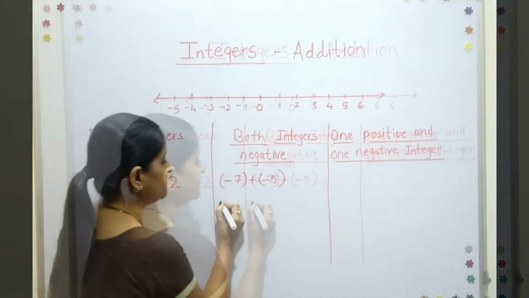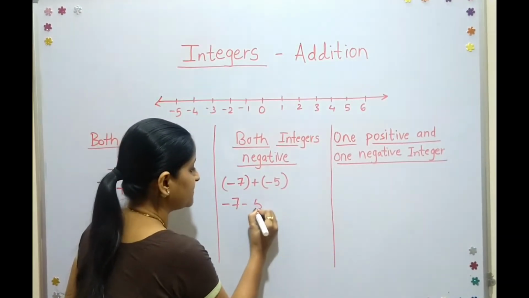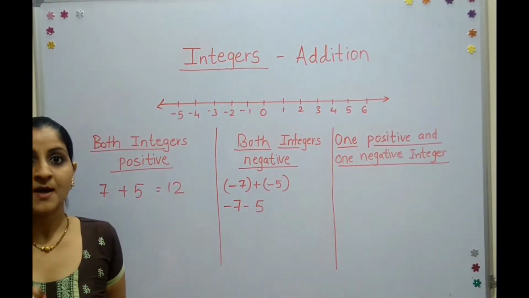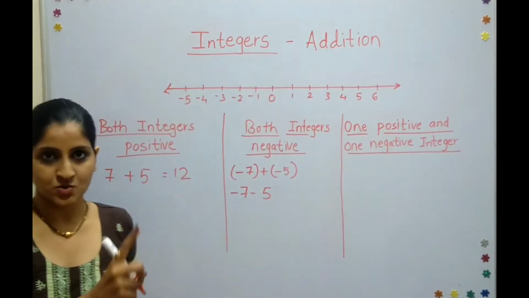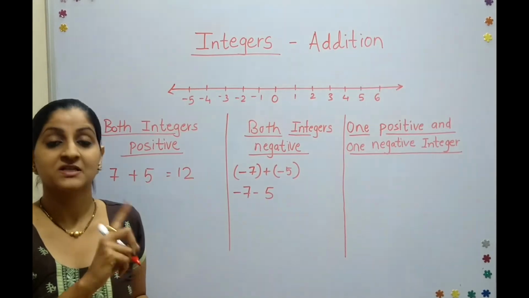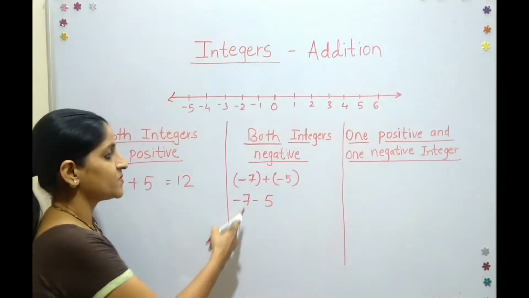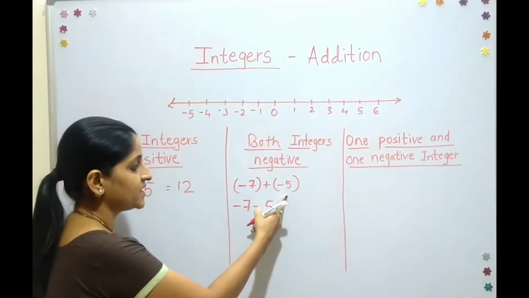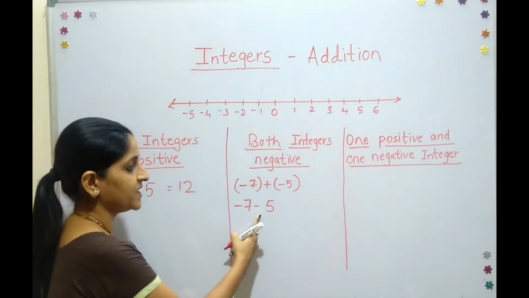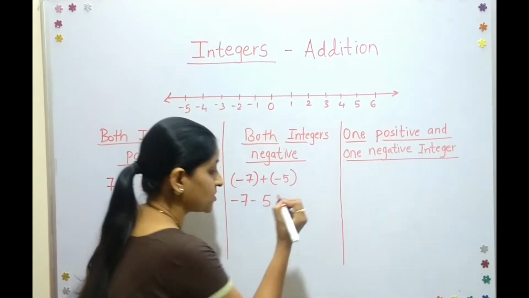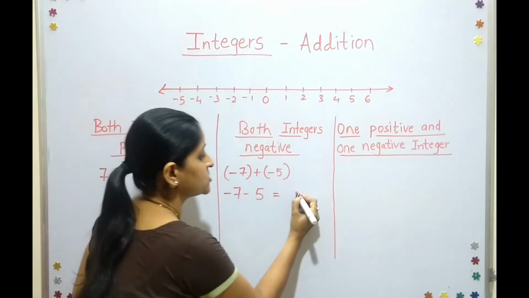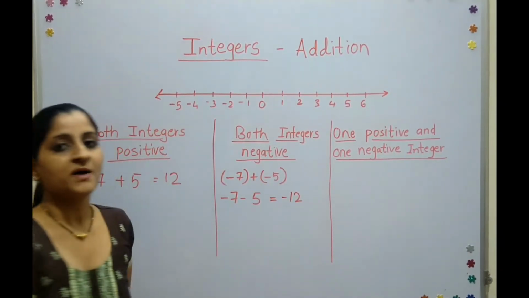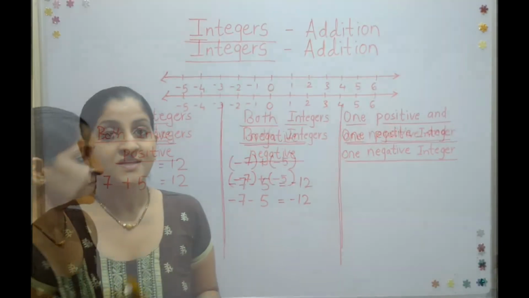You can alternatively also write them as negative 7, negative 5, because when a positive sign and a negative sign come next to each other, it becomes negative. The resultant is negative. That's why negative 7 plus negative 5 becomes negative 7, negative 5. In that case also, you add the integers and give a negative sign to it. So the answer will be 12 but with a negative sign.